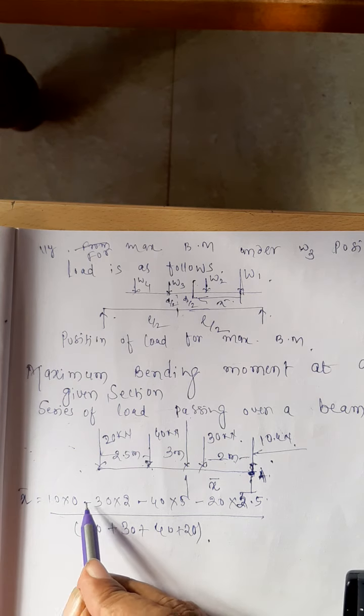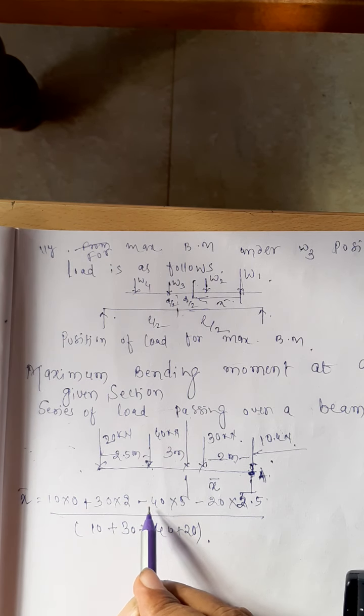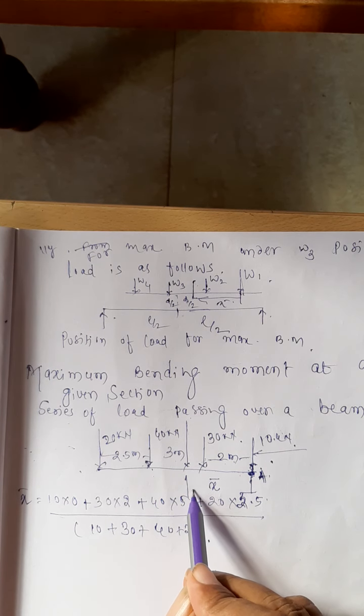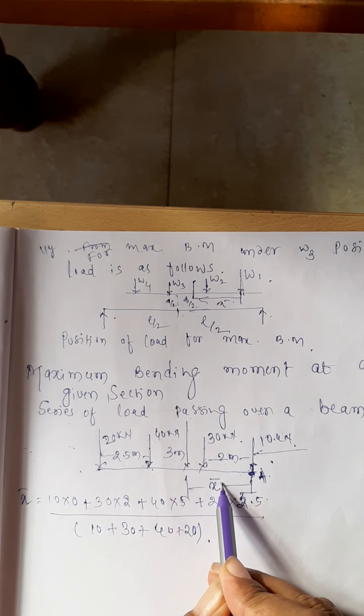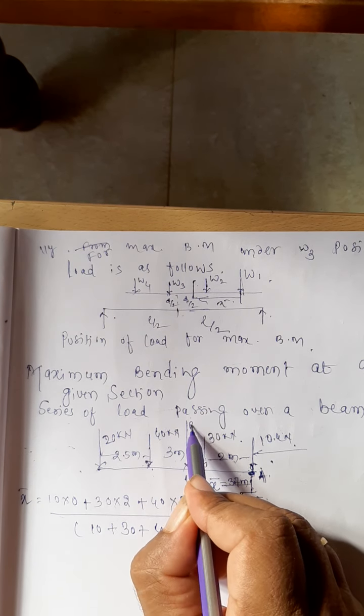So all these moments are anti-clockwise. That sign won't matter if you are taking all the loads on one side only. Is it alright? Divided by total load, that is nothing but 100. Divide by 100. So what I got is, from here at a distance of 3.7, I got the resultant.